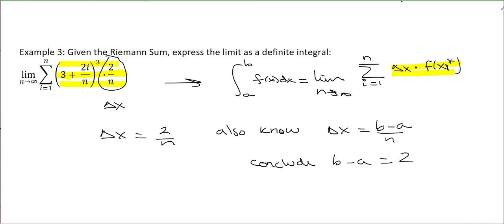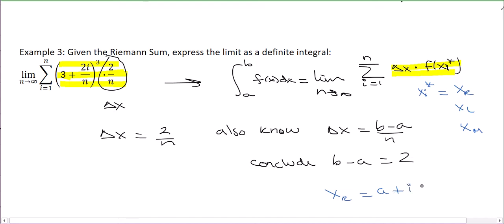Remember, x of i star can be the right endpoint, the left endpoint, or the midpoint. And so this is where maybe memorizing the formulas is nice, because I know the right endpoint is a plus i delta x. The left endpoint is a plus i minus 1 delta x.